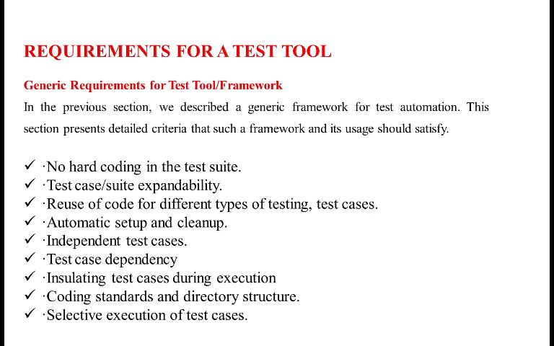The test tool or framework should have a facility for the test engineer to select a particular test case or a set of test cases and execute them. The selection of test cases need not be in any order, and any combination should be allowed. So these are the nine very important requirements for a test tool.